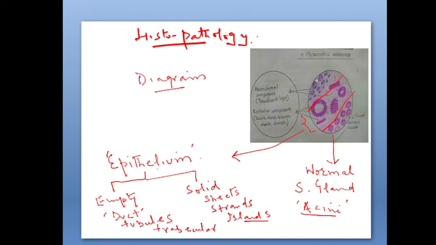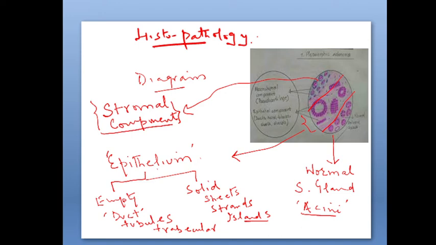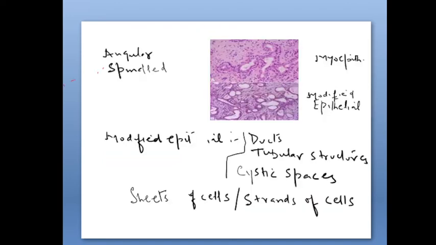This part shows the stromal component. The stromal component can be chondroid, myxoid, or mucoid. This picture shows the epithelial component. Now again here this is the modified epithelial component consisting of ducts.